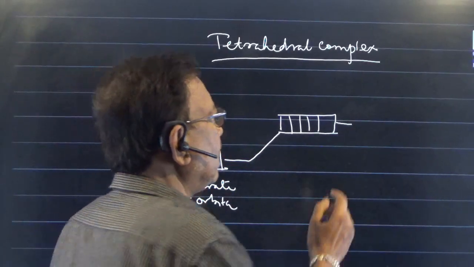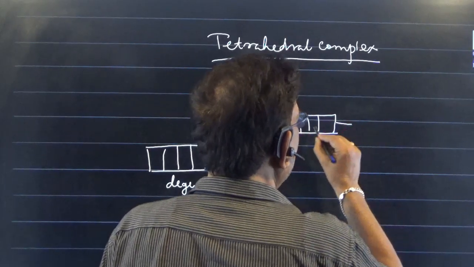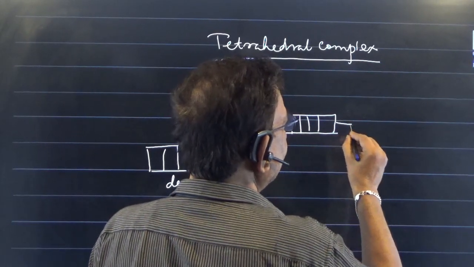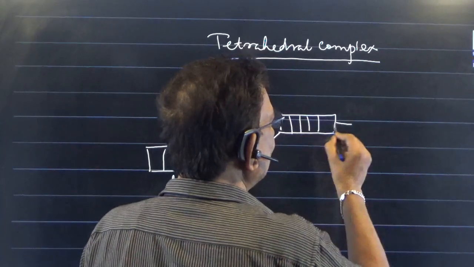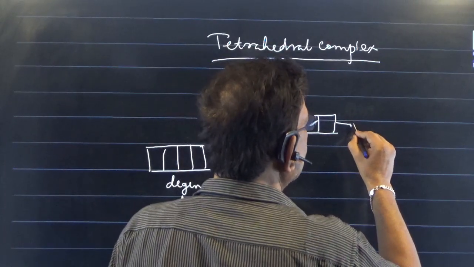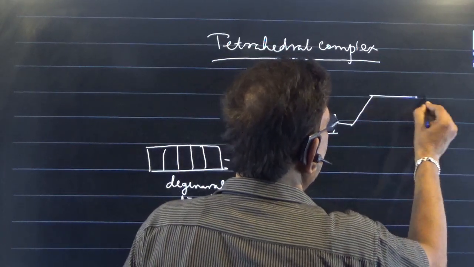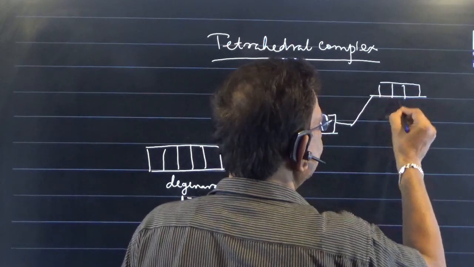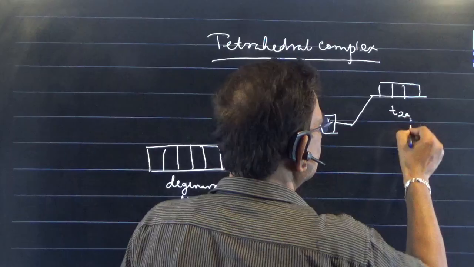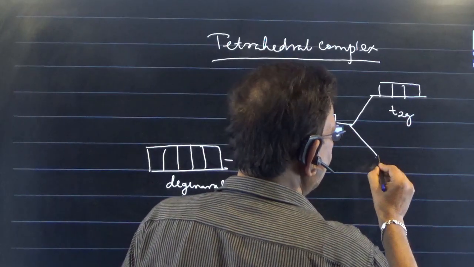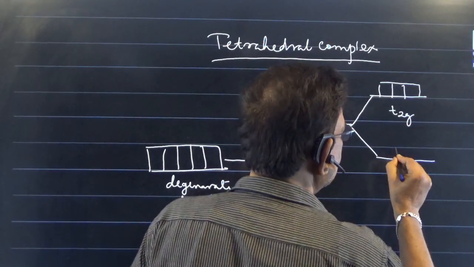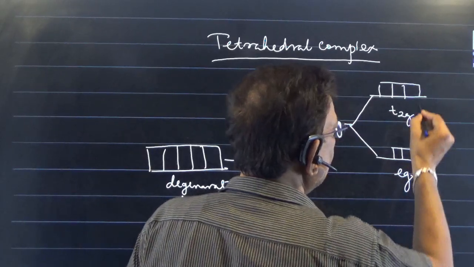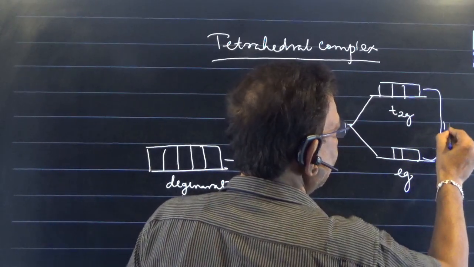Means in octahedral, Eg will get more repulsive energy. But here T2G will get more energy. So hence T2G will go up, Eg will come down. The difference is your 10 dq.